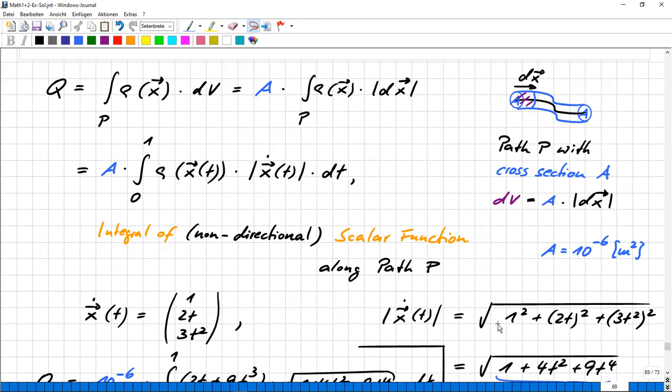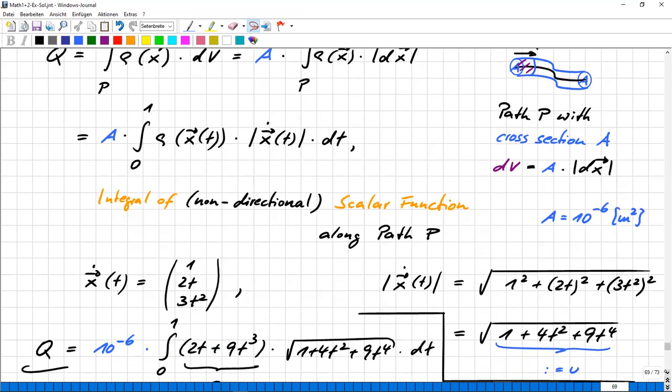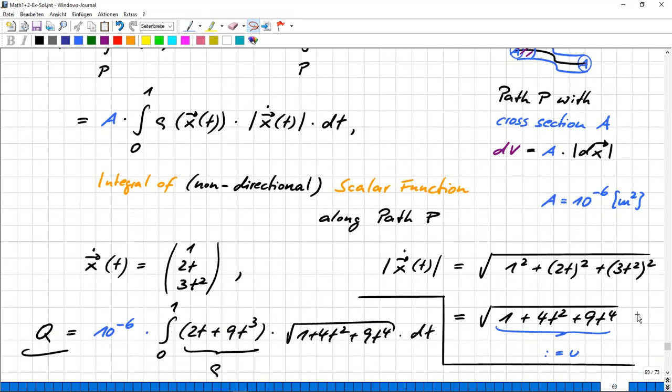It's sort of 3-dimensional Pythagoras theorem. Square root of 1 squared plus 2t squared, this quantity squared, right? And 3t squared, this quantity squared. So in the end, it's 1 plus 4 times t squared, plus 9 times t squared squared, where squared squared gets power of 4. So that's 9t power 4.